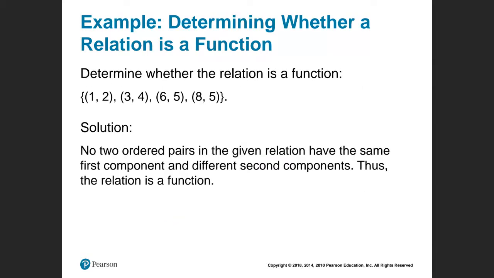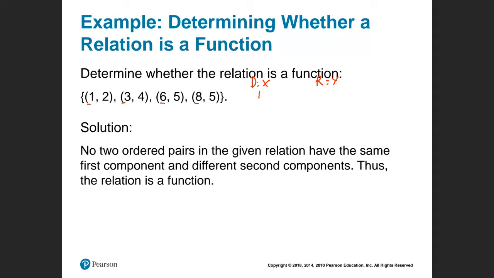Now, example. Determine whether the relation is a function. The set containing the ordered pairs is (1, 2), (3, 4), (6, 5), (8, 5). Write down the domain, which is X, and the range, which is Y. So the domain is 1, 3, 6, 8.